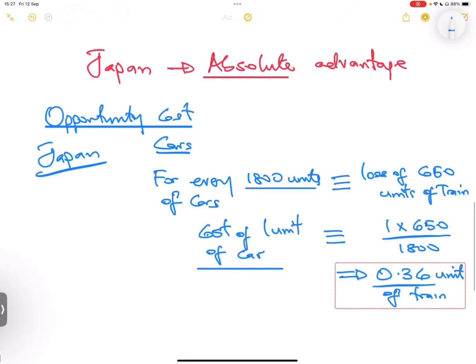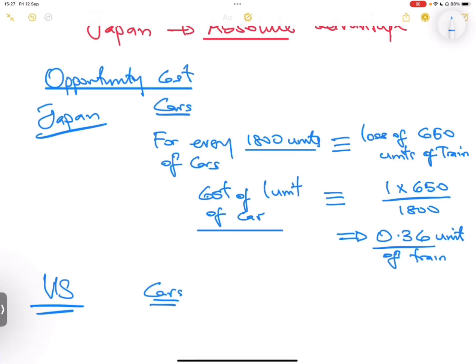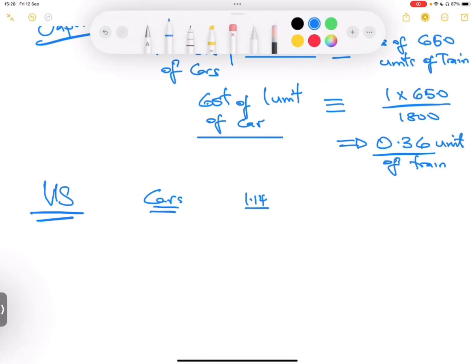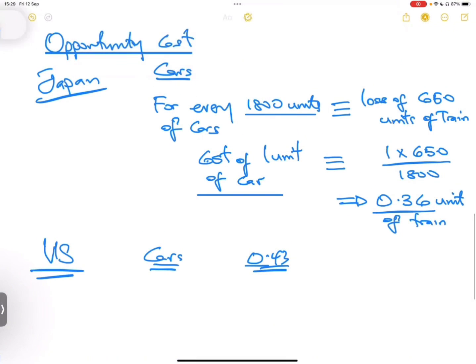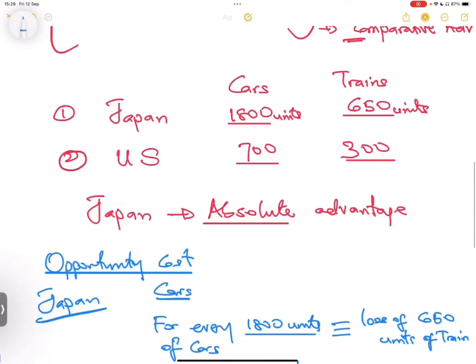Whereas if US wants to focus on cars alone, let's find out what is the comparative cost to US. 0.43. Let's look at it. If US wants to focus only on production of cars, it means that they will need to forfeit production of trains.